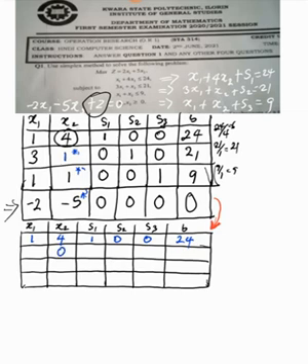And then we have 3 times 4, which is 12. 12 minus 1 is equal to 11. 0 times 4 is equal to 0 minus 1 is equal to minus 1.